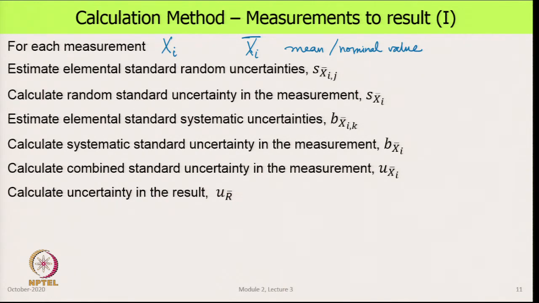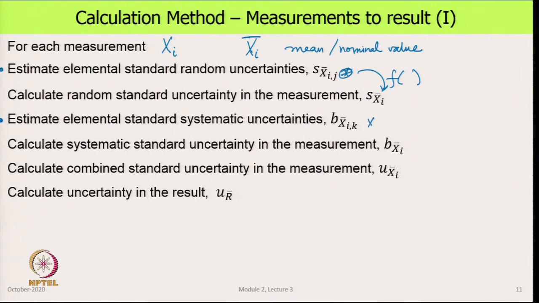For each random error, we estimate the elemental standard random uncertainty, which is this one. We calculate the random standard uncertainty using all of these put together. We calculate this, some sort of a function between all of them. We estimate, so these are our fundamental things.